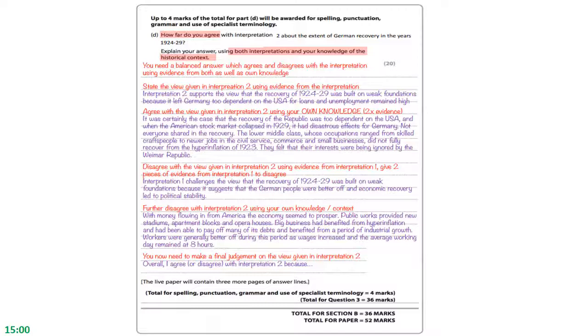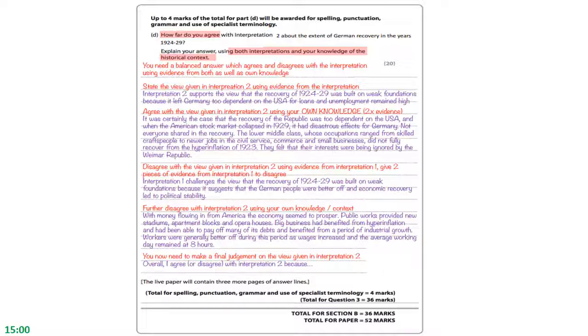Explain your answer using both interpretations. Now that's something that people will overlook. You need to make reference to both interpretation 1 and interpretation 2. It may be asking you how far you agree with interpretation 2, but you have to make mention of interpretation 1 as well. It may invite you to use the sources as well.